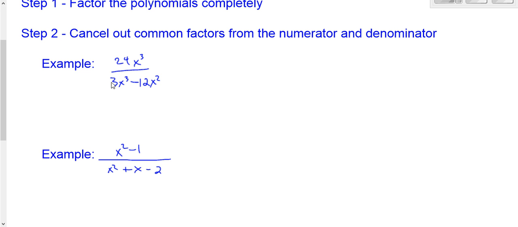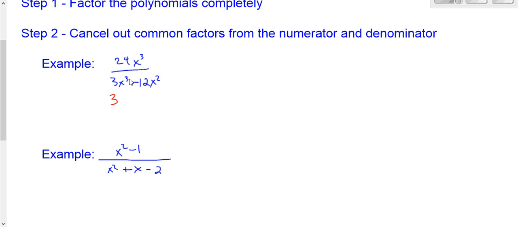So you have to factor out the greatest common factor here, and then we'll know what to do with the numerator. If we look at 3x cubed minus 12x squared, between 3 and 12, we have a common factor of 3.